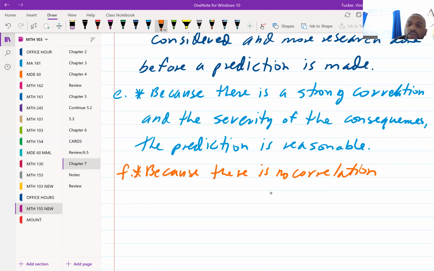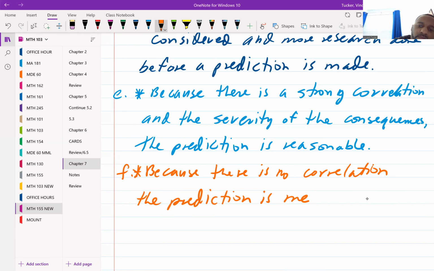So because there is no correlation, the prediction is meaningless.